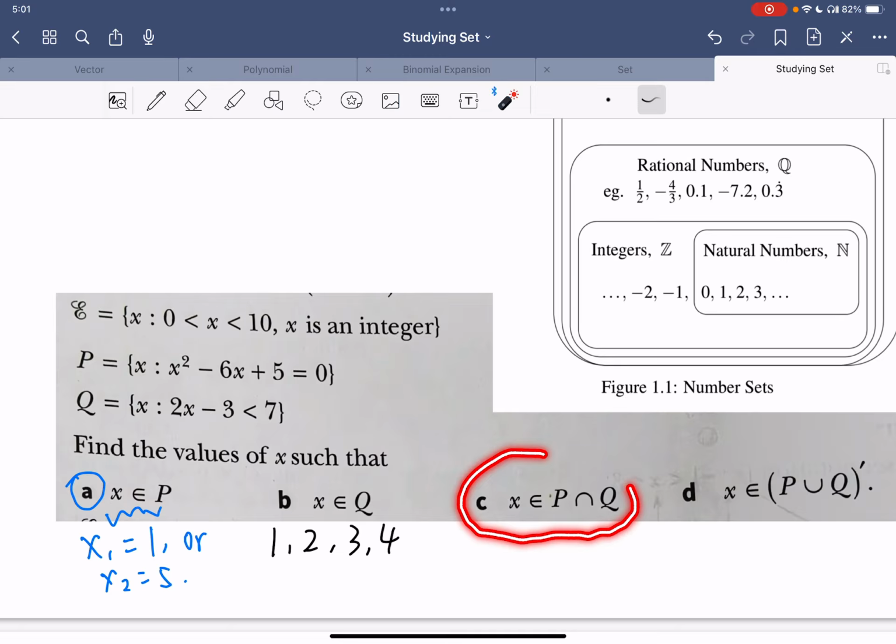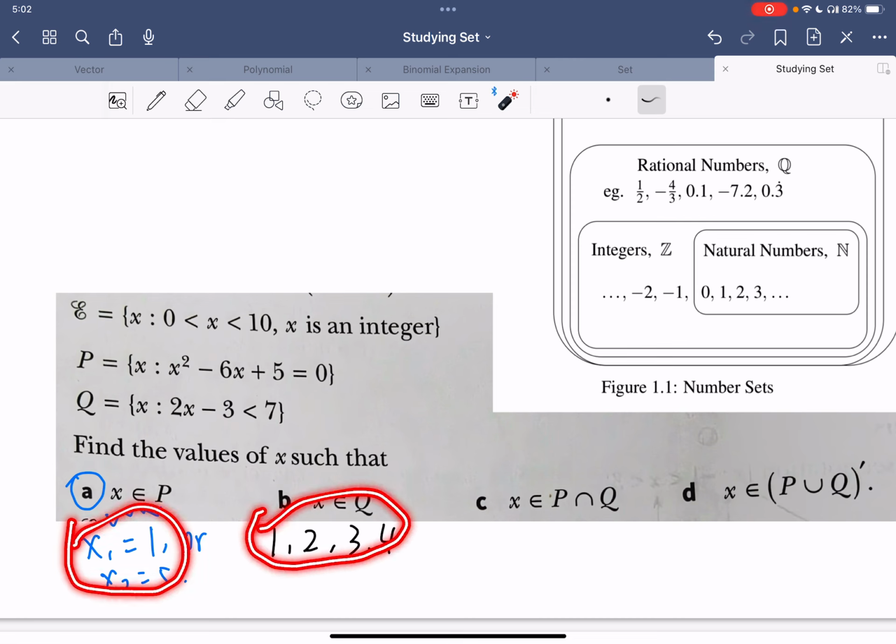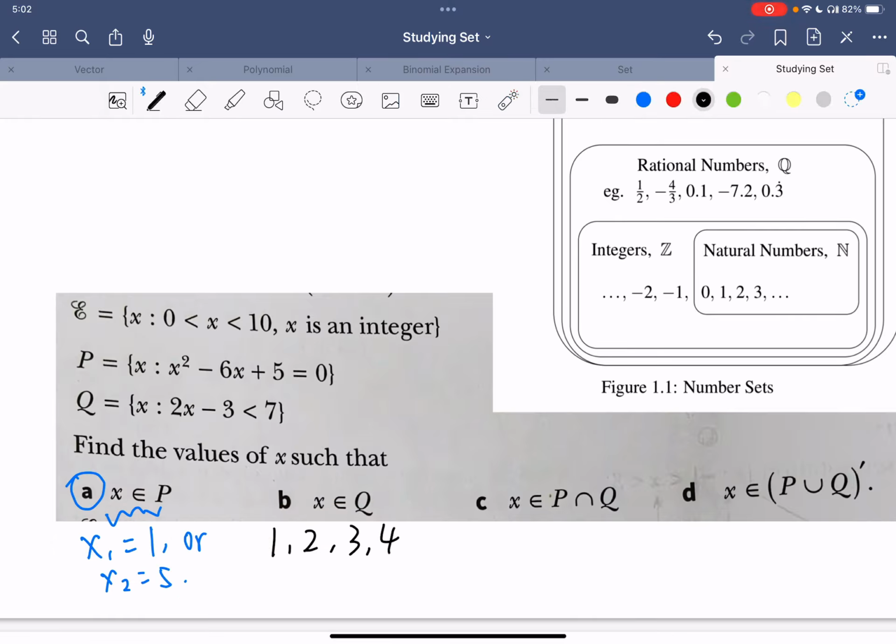So for the question C, the intersection between P and Q, we can answer this question by inspection. Now, 1 and 5, 1, 2, 3, 4. What's the common thing? Only number 1. Okay?